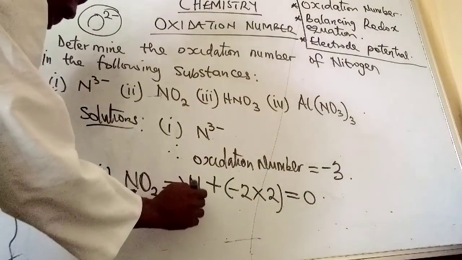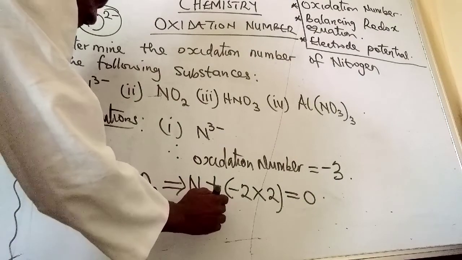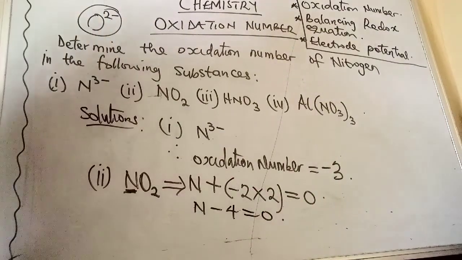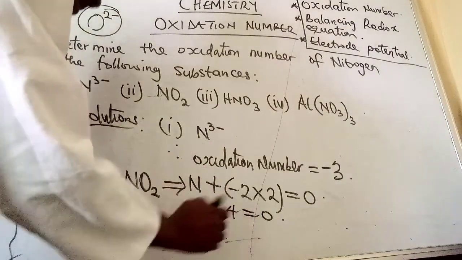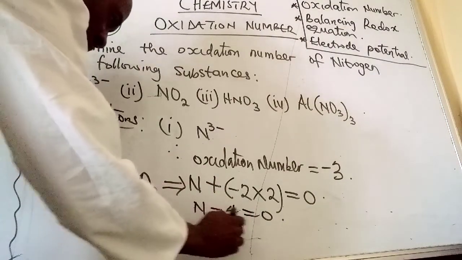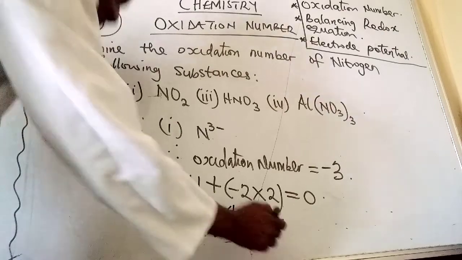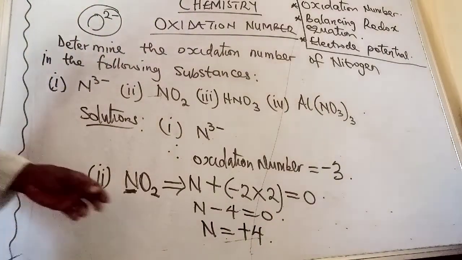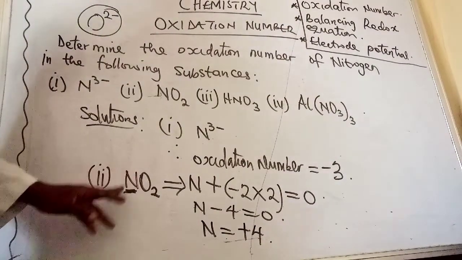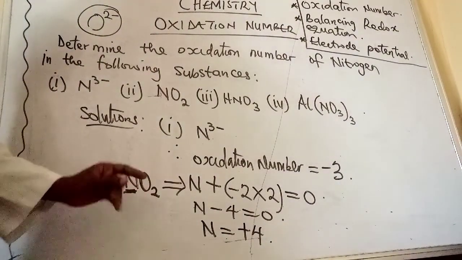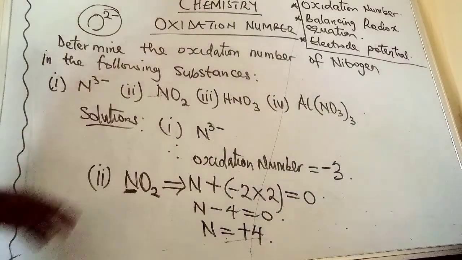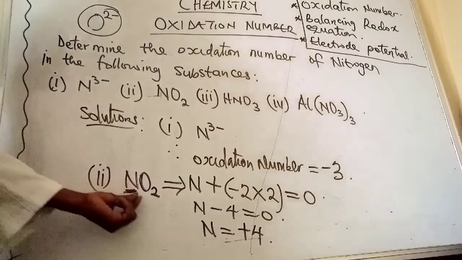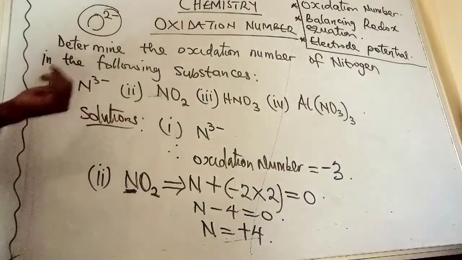So by the time you do your calculation, that will be n - 4 equals to 0. So what will now be n? N will be equals to +4. That is to tell you that oxidation number of nitrogen in nitrogen 4 oxide is +4. And it's actually this 4 that is used to name this compound as nitrogen 4 oxide.